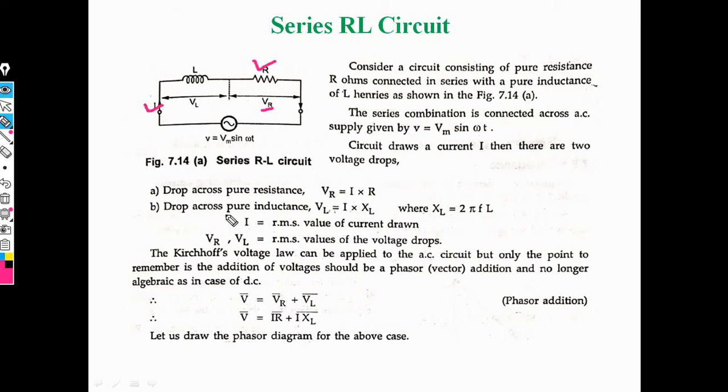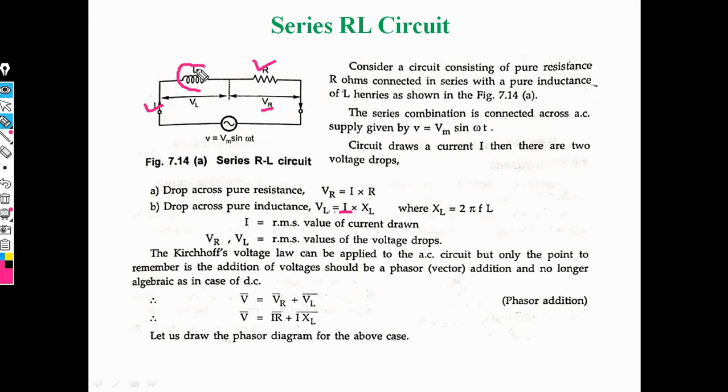Similarly, for pure inductance, the voltage drop across the pure inductance, VL, is equal to I into XL, where I is the current and XL is the inductive reactance.